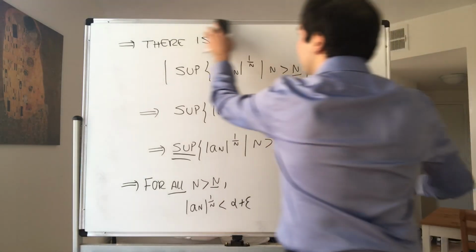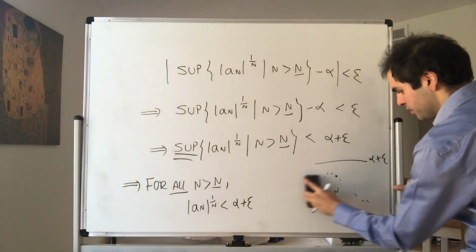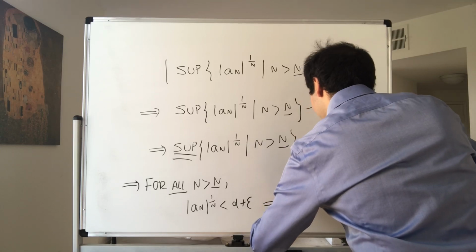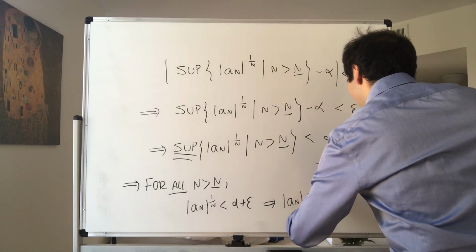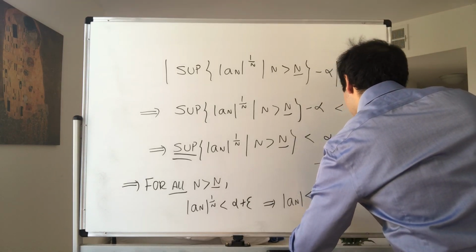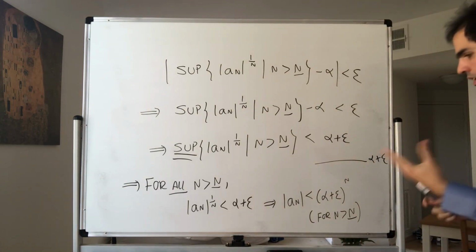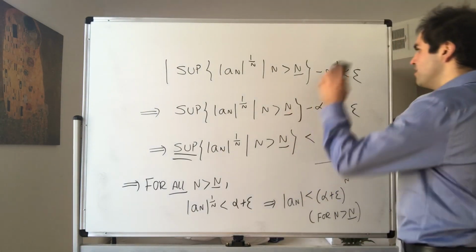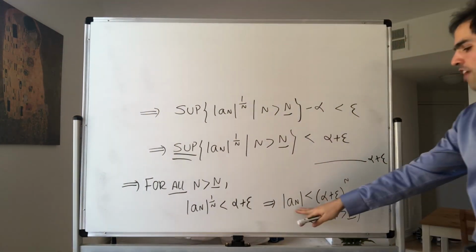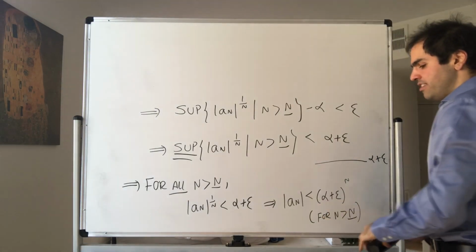Therefore, what we obtain is that an is less than alpha plus epsilon to the n, at least for large n. Okay, but then what does that tell us? It tells us that if you take the series of an, at least after capital N, it'll be smaller than this series.